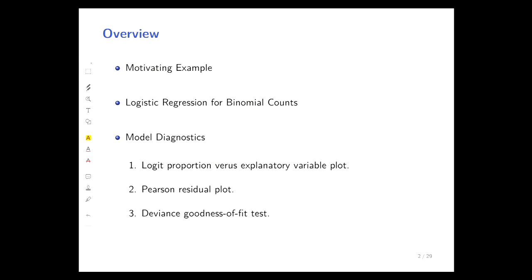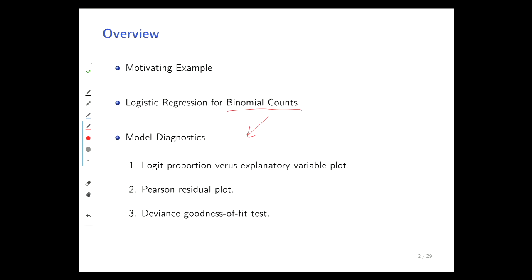And we have something new compared to the binary logistic regression model, because when we have these binomial counts, we can actually perform model diagnostics. That is something from the multiple linear regression model, but we can also perform model diagnostics in this topic.